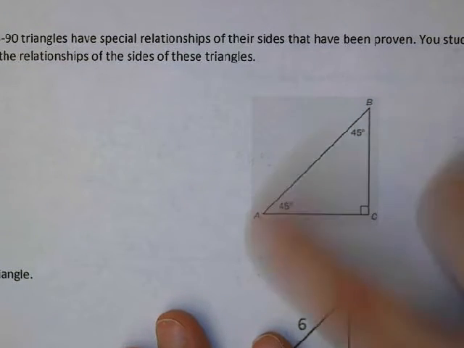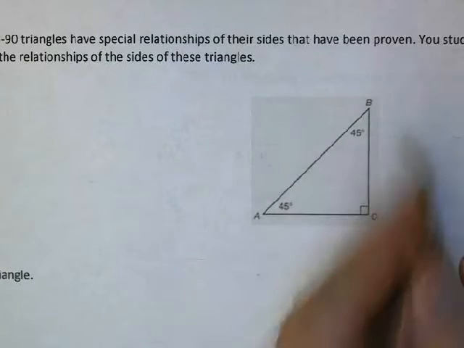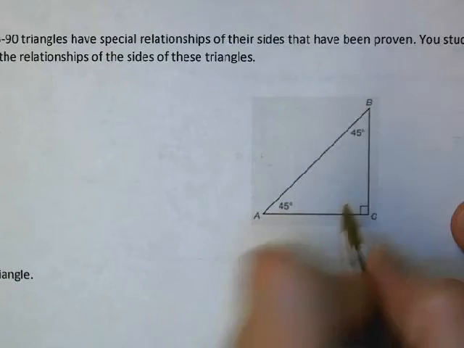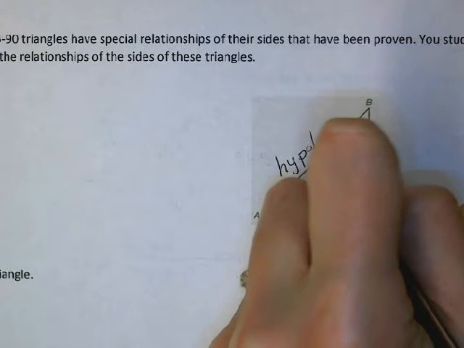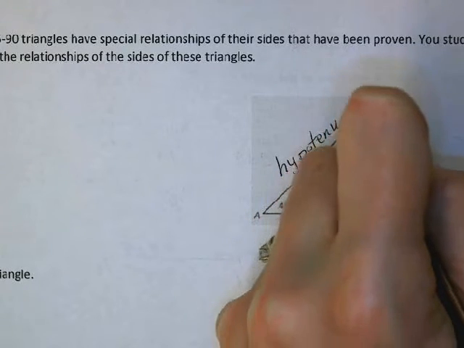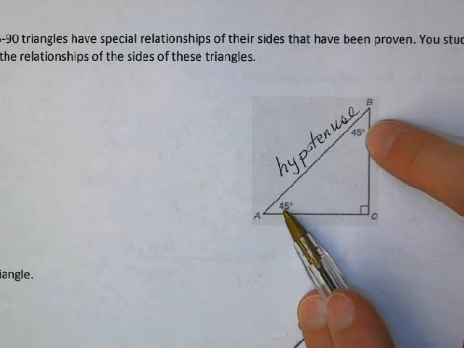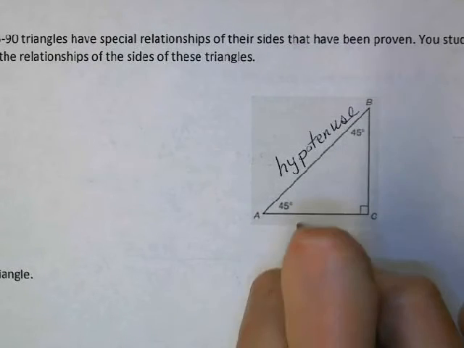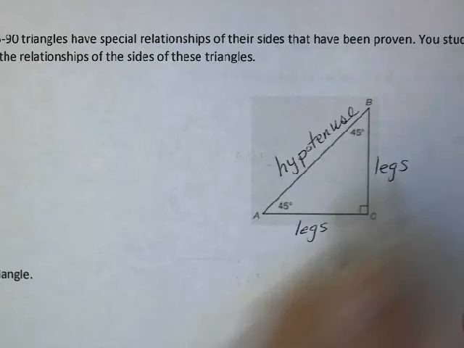Okay, so then there's another relationship with 45, 45, 90 triangles. Another special relationship here. Again, the long side's the hypotenuse. And when you have these angles that are the same, 45 and 45, then these legs are going to be the same amount.